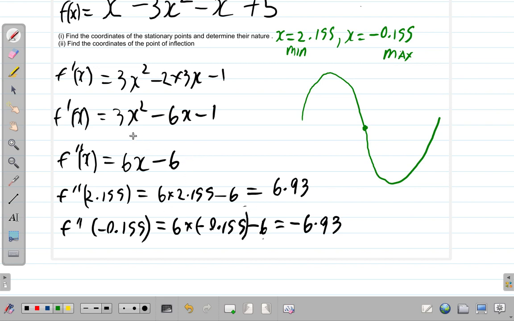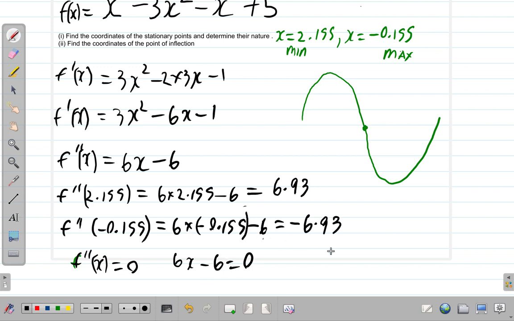So what we do in this case is look at the second derivative and equate it to 0. So let's do that. The point of inflection is going to occur where f double prime x equals 0. That is 6x minus 6 equals 0.